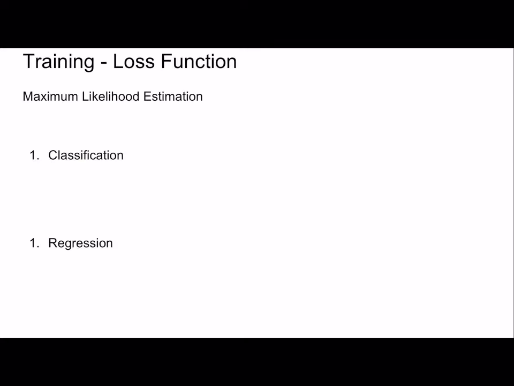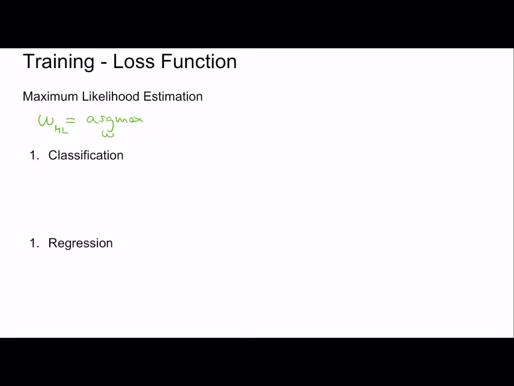And now I'm going to talk about the training loss, the loss function. It's common to apply the maximum likelihood estimation principle. What it says is essentially that if I have my weights, what I want to obtain is the argmax of the probability for each of the data points in my data set.